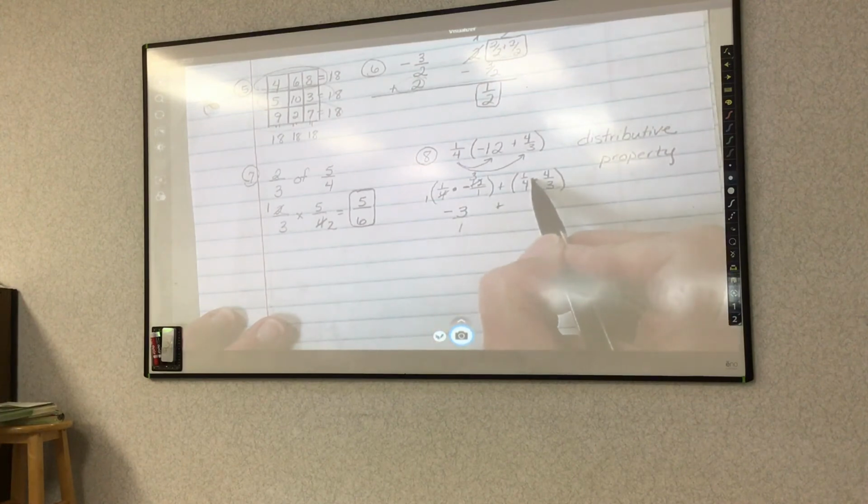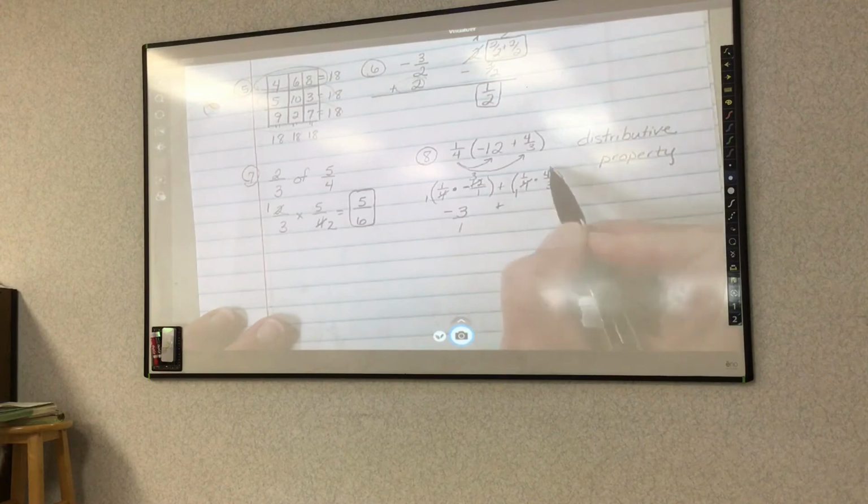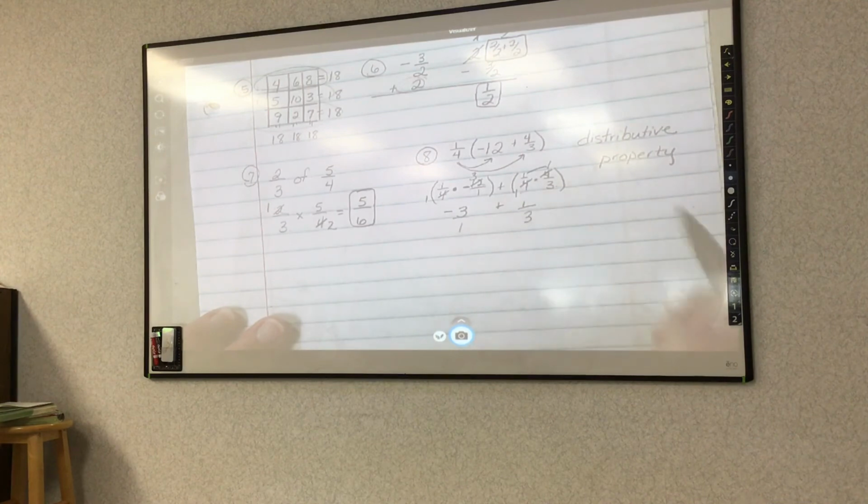Plus, I'm gonna reduce by 4, 4 becomes a 1, this 4 becomes a 1, 1 times 1 is 1, 1 times 3 is 3. So now I'm at a negative 3 plus 1/3.